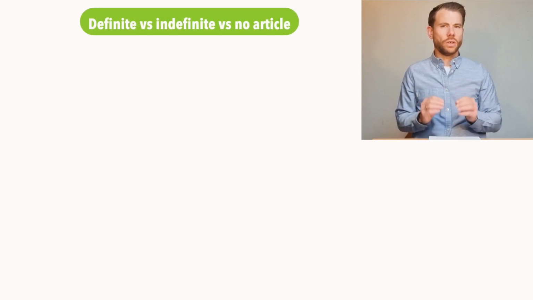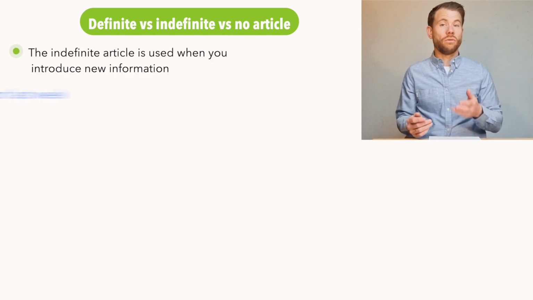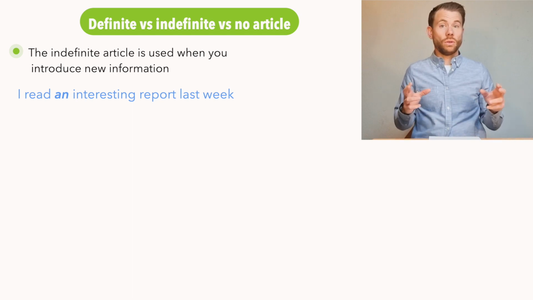So a quick explanation about when you use each one generally. The indefinite article, a or an, is used when you introduce new information. For example, I read an interesting report last week. So here, report is mentioned for the first time.